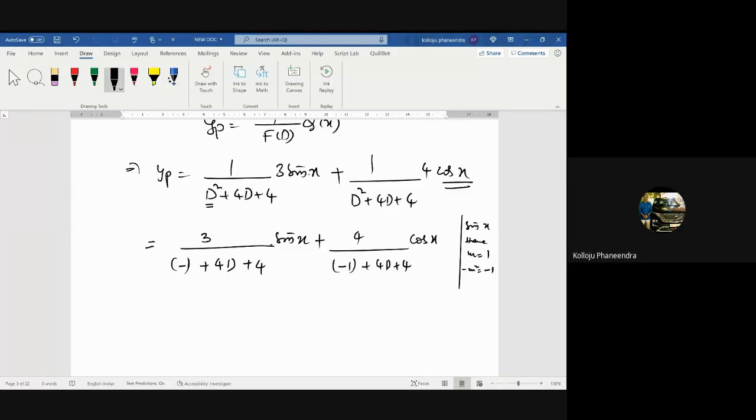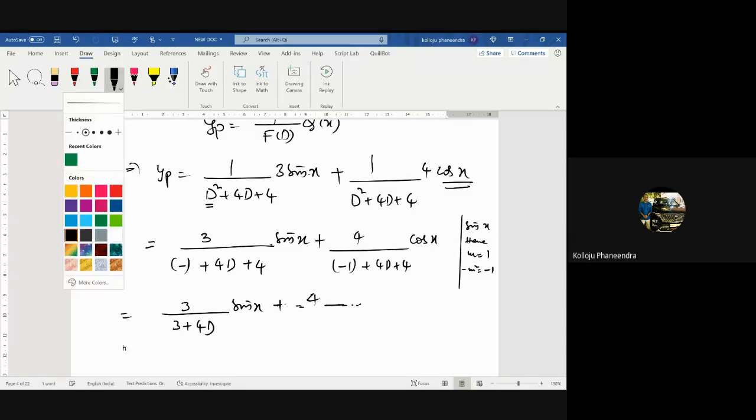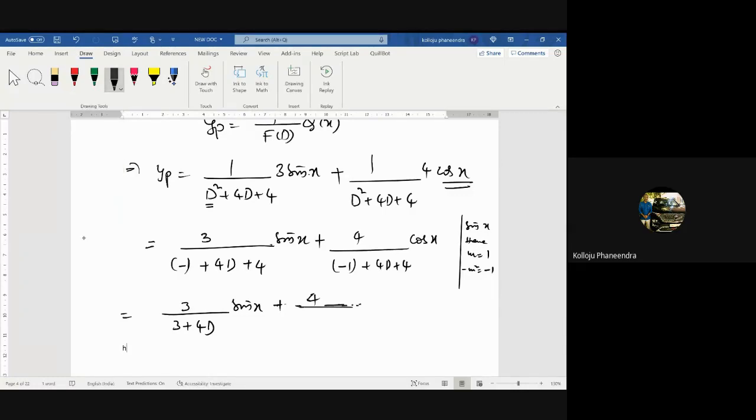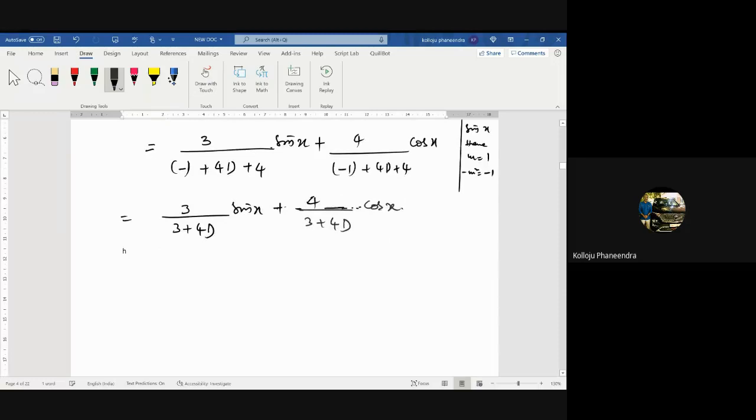Replacing d square by minus m square, what does this become? 3 by 3 plus 4d, sin x, plus 4 by 3 plus 4d, cosine x.